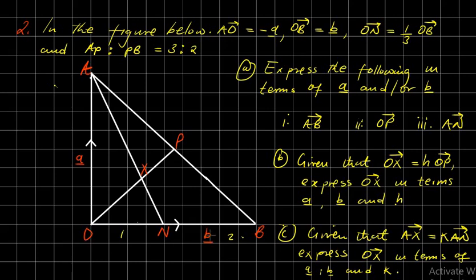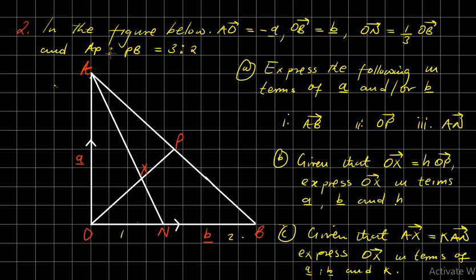If we add, we get 3 units. Since we are only concerned with the vector ON, this will be 1 out of the total, which is 3, of OB. So the vector ON is equal to 1/3 of the vector OB.